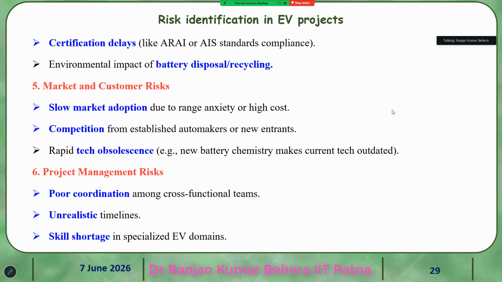For example, Toyota has a hybrid car, and the cost of that car is, I think, around 27 lakh rupees. So for a common man or simple man, a 27 lakh car, okay.